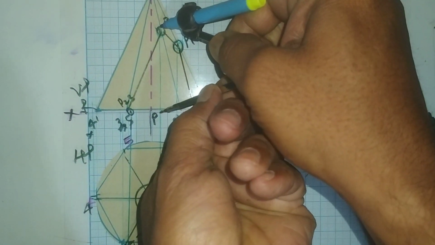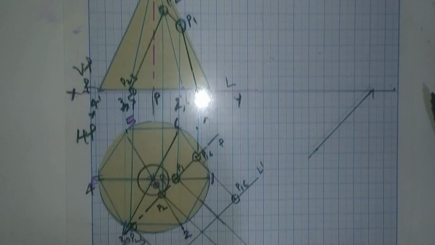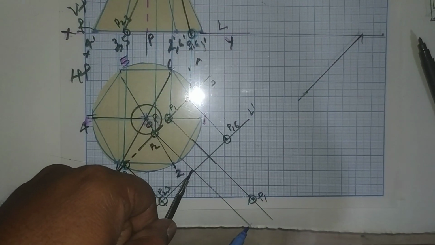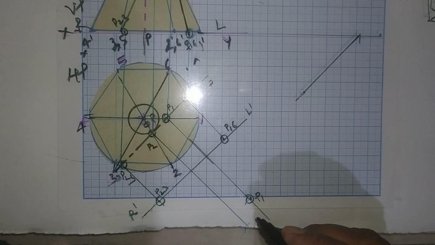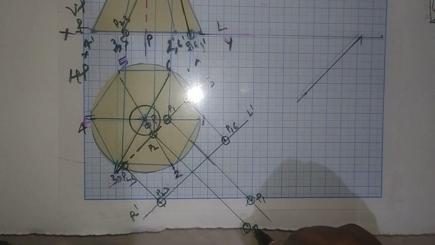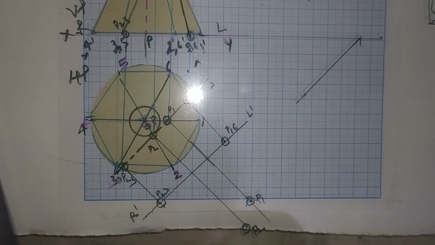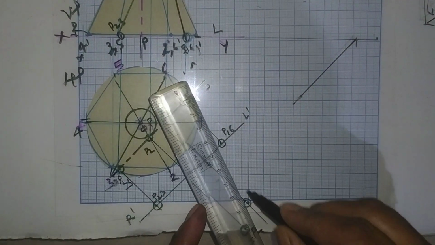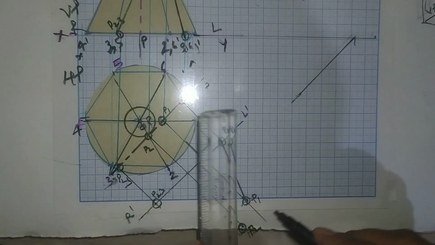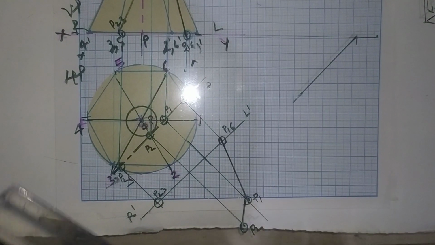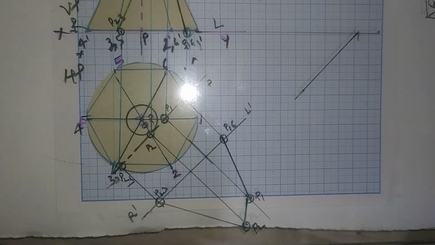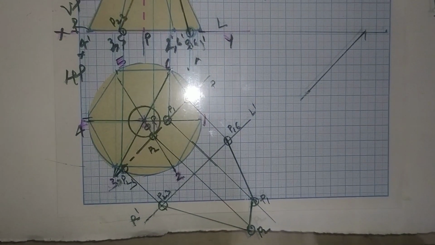This vertical distance we have to take in the compass and come on the same line here. This is the point P2. Join them with the scale in the same sequence: P16, P1, P2 and P23. If it is a cone, we will draw a smooth curve by hand.